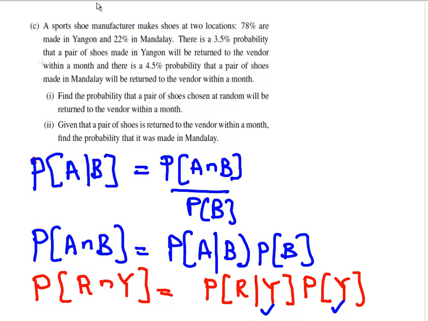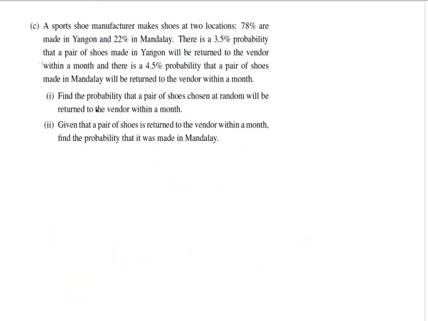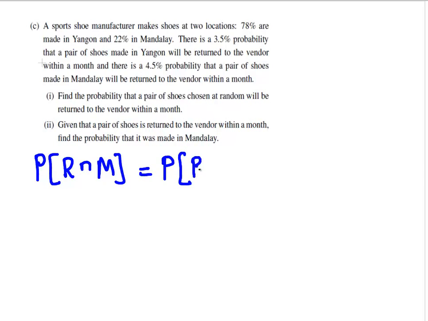I'm going to go to the next slide again, and what we can say here is that probability of returned and from Mandalay is the probability that it got returned given that it came from Mandalay times the probability that it came from Mandalay. Okay, and we can put in all our values now.